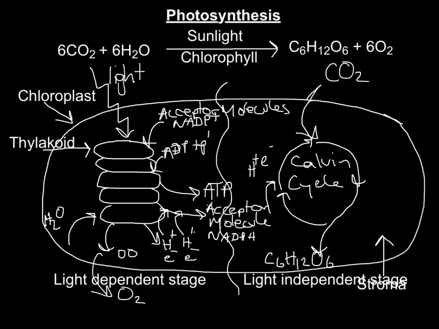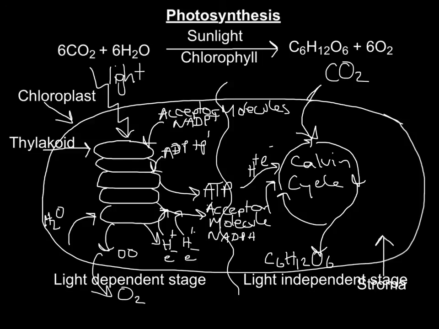Let's look back at the light-dependent stage again. The first thing we talked about was how it produces ATP, and that ATP is transferred over to the light-independent stage, which we can see here, and we can sort of draw a little arrow there to indicate that ATP is used in the Calvin cycle.